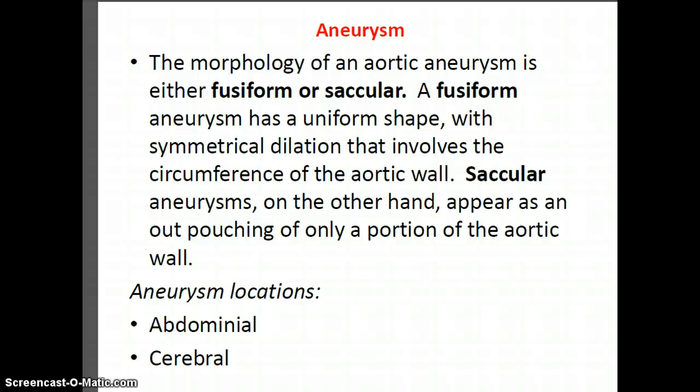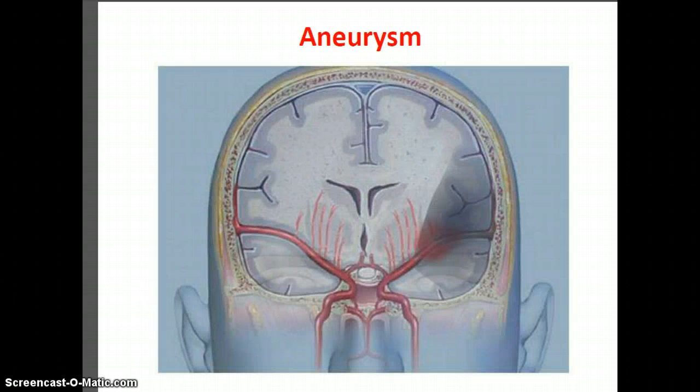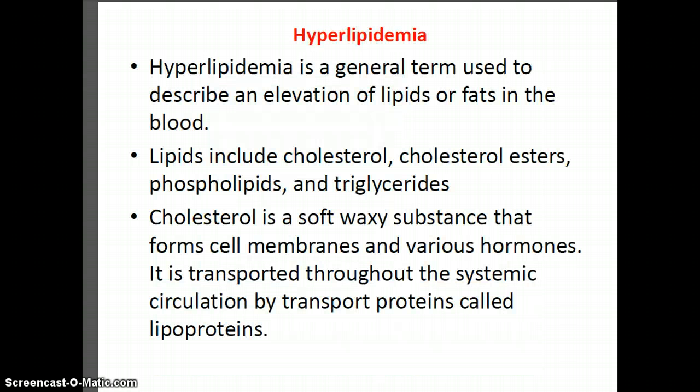Aneurysms are most commonly located in the abdominal arteries and in cerebral arteries as well. Here is a diagram of a cerebral aneurysm. You can see that if this vessel broke, it would greatly deprive large areas of the brain of a blood supply. Certainly very debilitating and, as I say, often fatal.